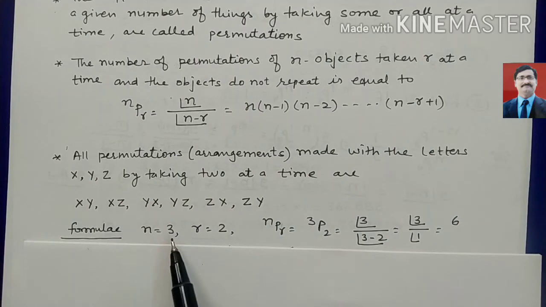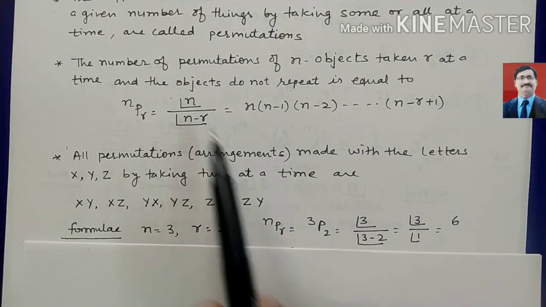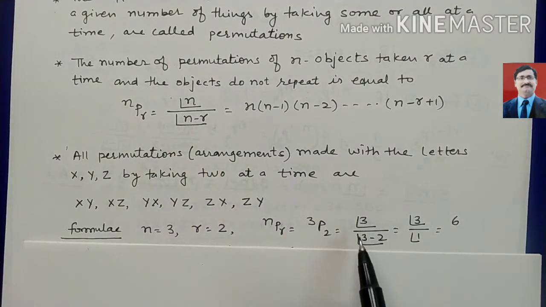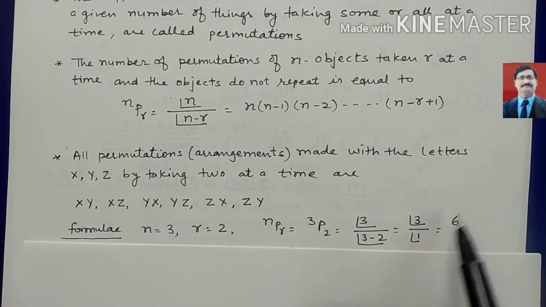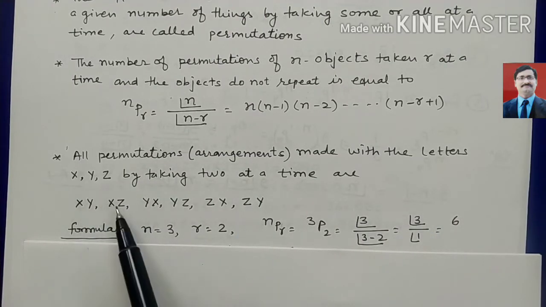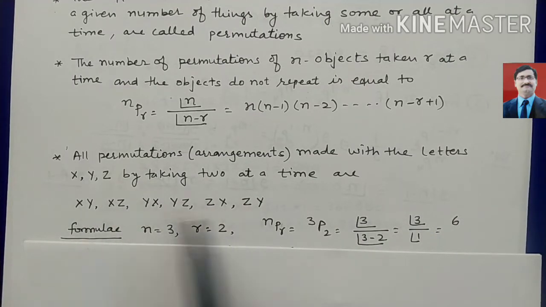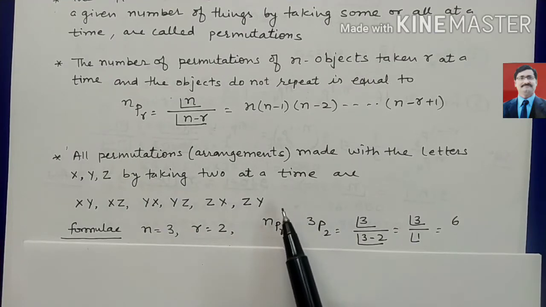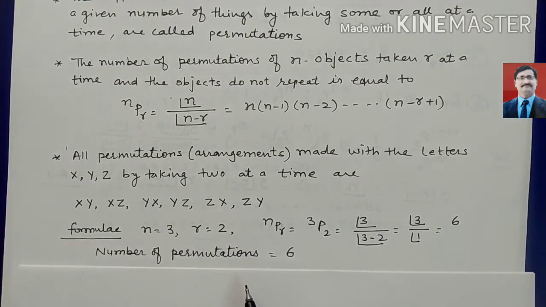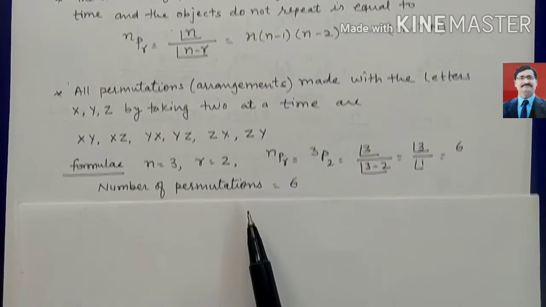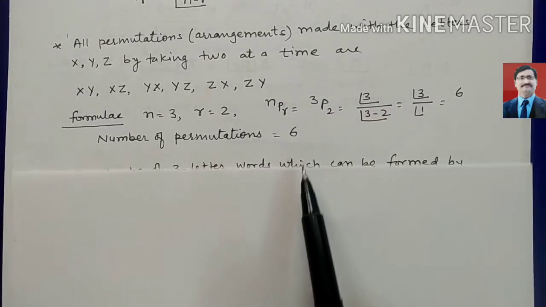So n equals 3, r equals 2, and we get 3P2. We expand it by the formula: factorial 3 upon factorial 3 minus 2, and factorial 3 minus 2 is factorial 1, so we get factorial 3, which is 6. We can check: 1, 2, 3, 4, 5, 6, we have those arrangements. All of you understand this? Now the number of permutations is 6.